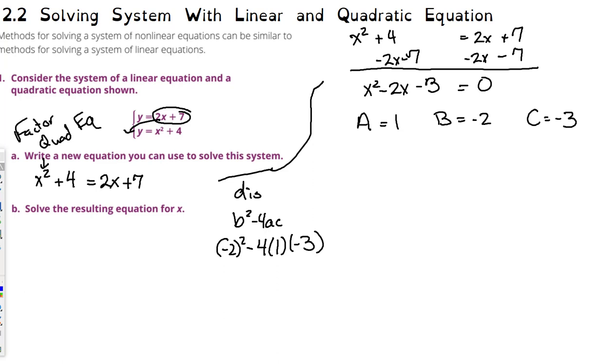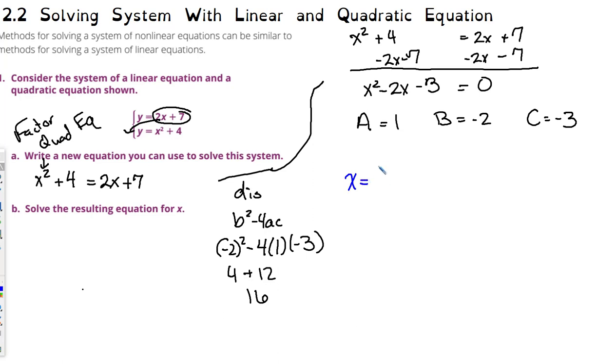So now that we have that plugged in, let's go ahead and find our discriminant. So when we find our discriminant, negative 2 squared is 4 minus, we have 4 times 1 times negative 3, so that's going to be plus 12, so 16. Now we're going to plug it into the quadratic formula.